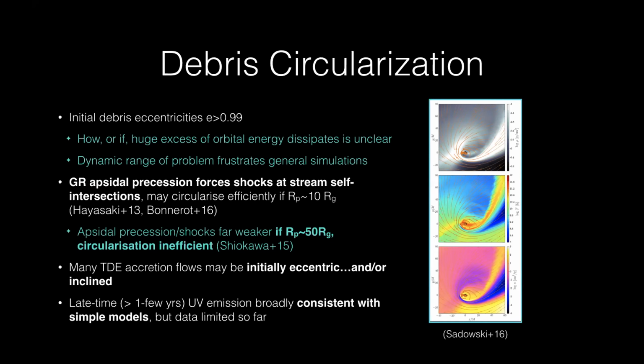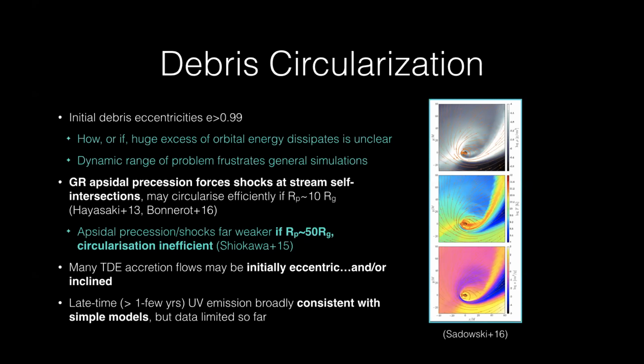And we think that a lot of the reason for this is due to the complicated details of the circularization and disk assembly process. For various technical reasons, this is a very difficult problem to simulate on the computer from first principles. And at this point, I would say there are really no fully self-consistent simulations that have been done in the literature. And our understanding has come through a number of different approximations.